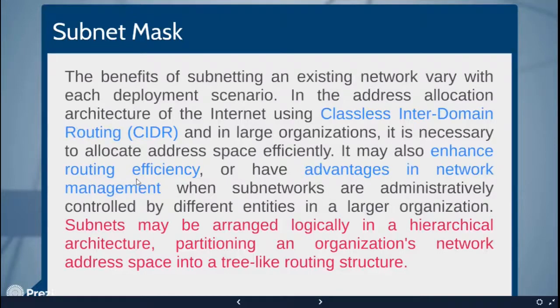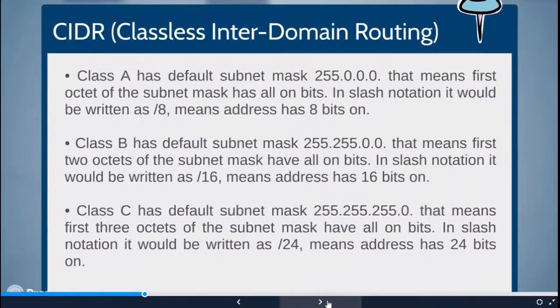It may also enhance routing efficiency or have advantages in network management. When subnetworks are administratively controlled by different entities in a larger organization, subnets may be arranged logically in a hierarchical architecture, partitioning an organization's network address space into a tree-like routing structure.